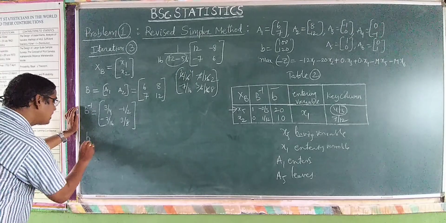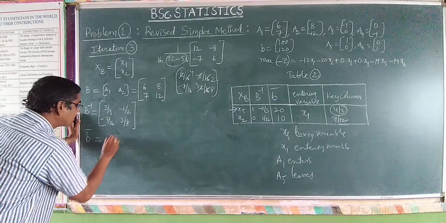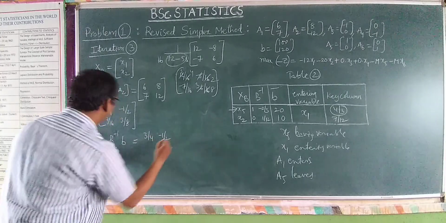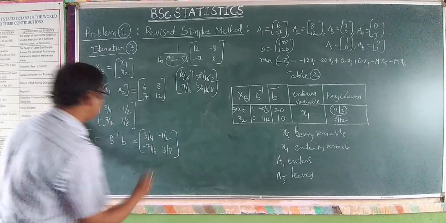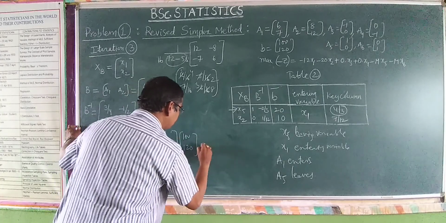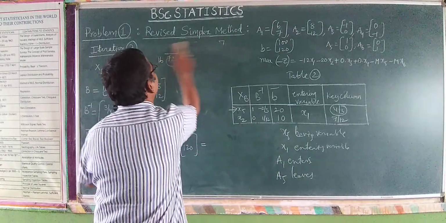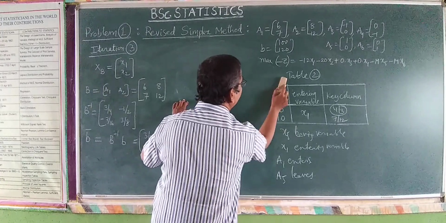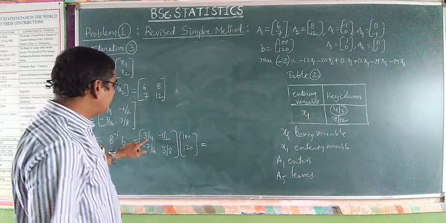Now we have to write the current basic feasible solution, B bar. The current basic feasible solution is B inverse times b. B inverse is 3 by 4, minus 1 by 2, minus 7 by 16, 3 by 8, multiplied by small b, which is 100, 120. That does not change. Now the multiplication.